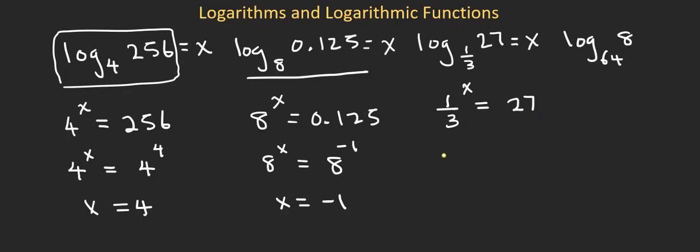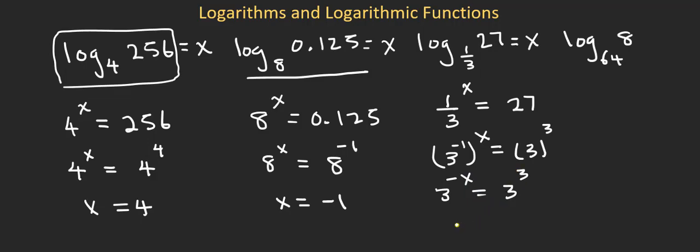I'm going to change it to 3 to the negative 1 to the x equals 3 to the 3rd power, because 1/3 is the same thing as 3 to the negative 1. So now you want to multiply the exponents. So x is equal to negative 3. So that means this whole thing right here is negative 3.